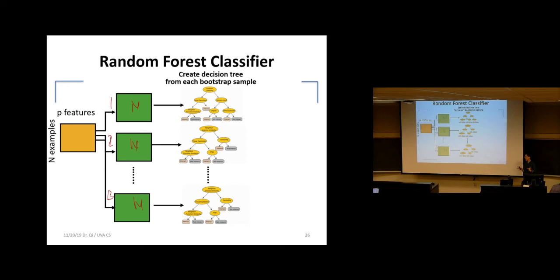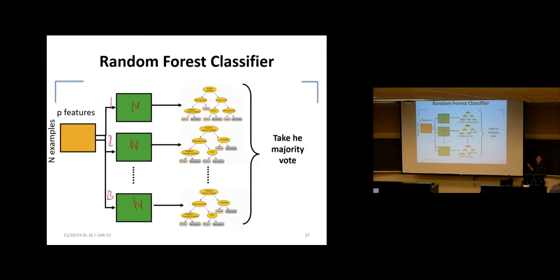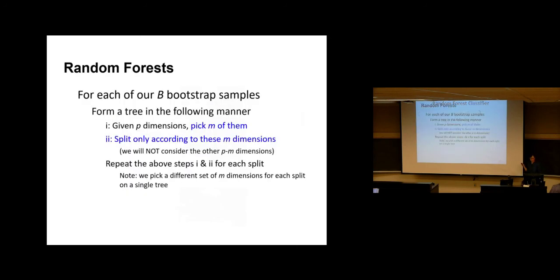So the pure node is what you prefer. All right, so you grow B different trees, and at each split, only a random subset of M of your features are considered. Then you can do majority voting or mean prediction, and it's all supported in the package.